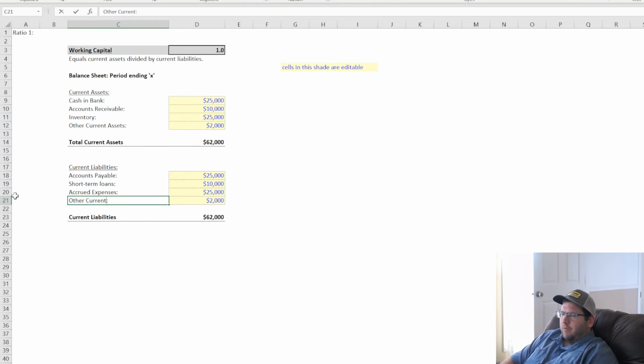Other current liabilities. Now this, you can definitely think of this like your personal budgeting or personal household finances. Let's say you owe some friends and family money and you have some cash in the bank, and if you had to settle up right now, how much money do you have in current assets that you can sell off to pay what you owe right now?